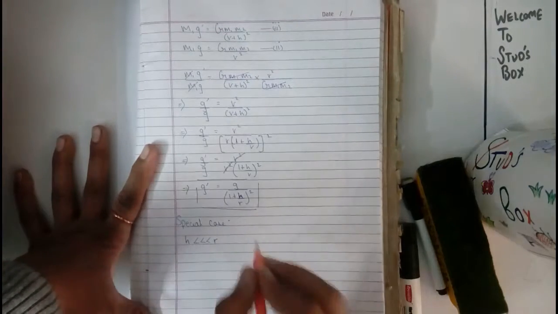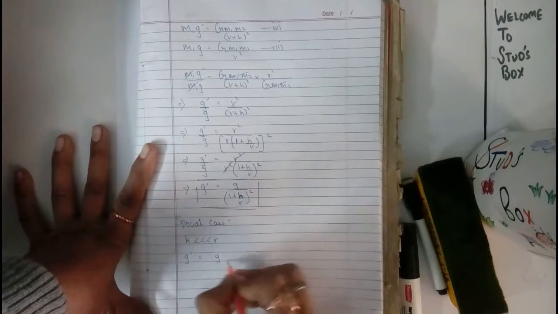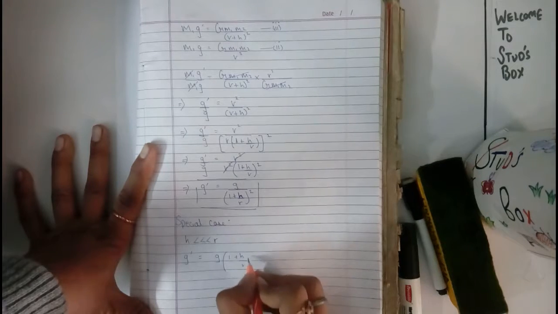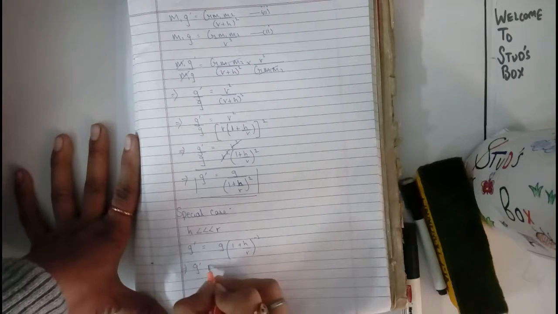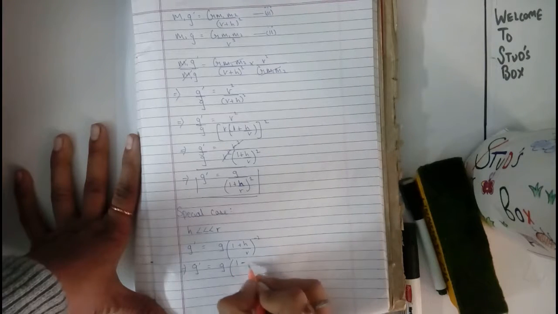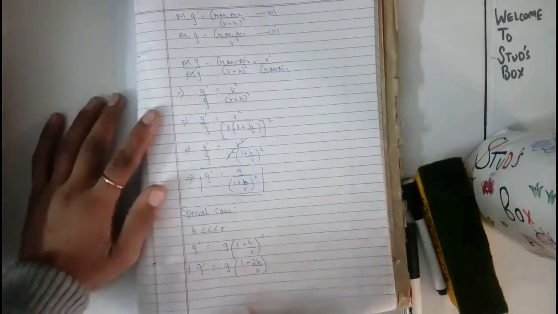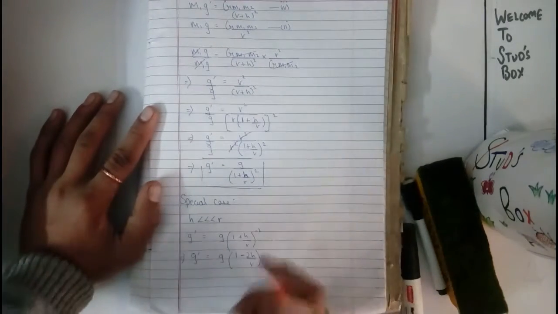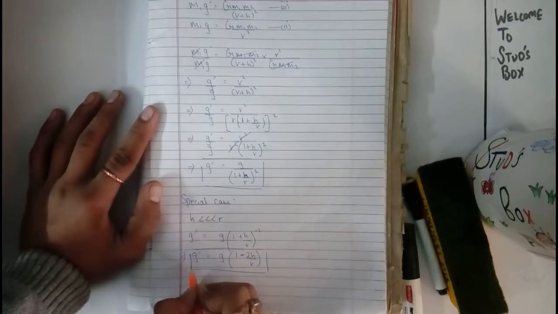If this h is very small than r, then g dash will be equal to g, and here will be 1 plus h by r to the power minus 2, and simplifying this further, we'll get g dash is equal to g 1 minus 2h by r. This minus 2 will come here, and this is because of the binomial theorem. So we are just concerned about the result. So this will be our result, g dash equals g 1 minus 2h by r.